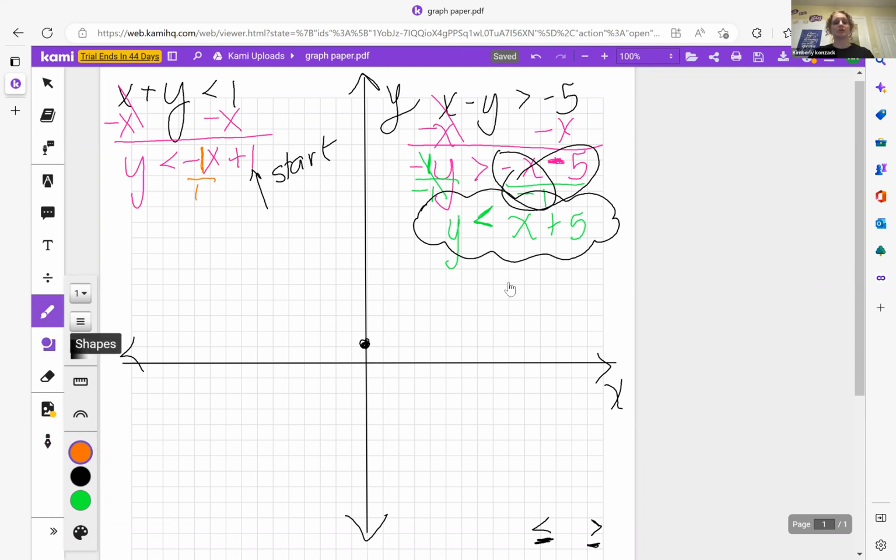So you're going down 1, right 1, down 1, right 1, down 1, right 1. I would typically use my straightedge to make a nice straight line, except I know that because it is less than, I don't have a solid line, I have a dotted line. So I am just going to free form this one.